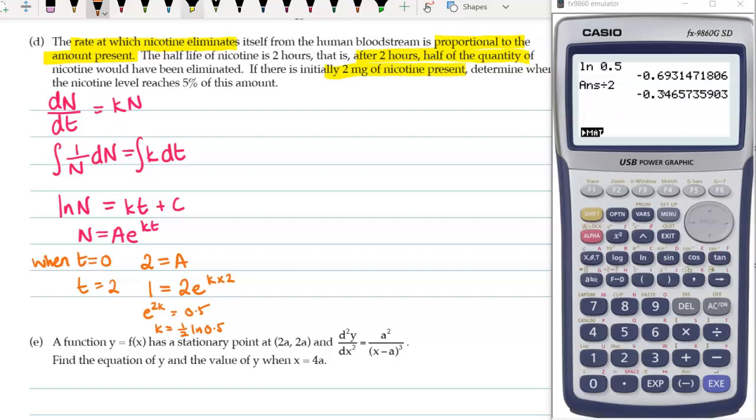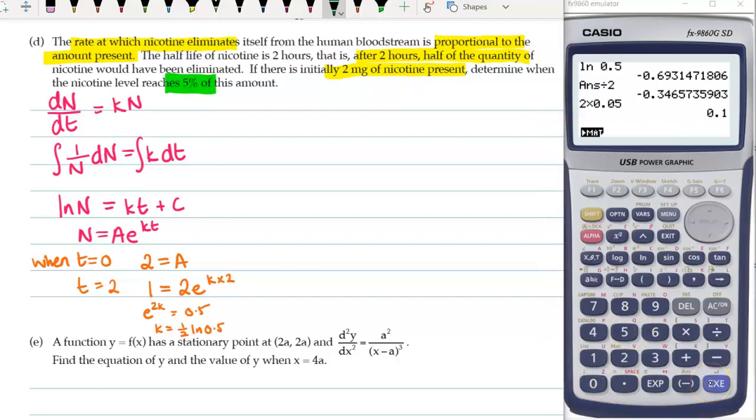Okay, now we want to know how long it takes to get to a value of 5% of this amount. So 2 times 0.05 is 0.1. So for n to be equal to 0.1, we would have this function here: a e to the kt, where a is 2, e to the k, which is half natural log 0.5 times t, is going to be equal to 0.1.